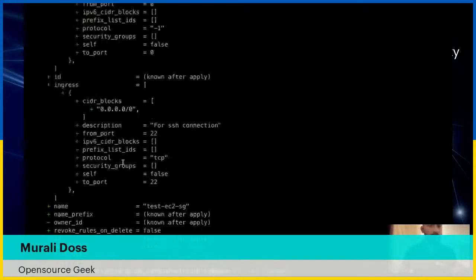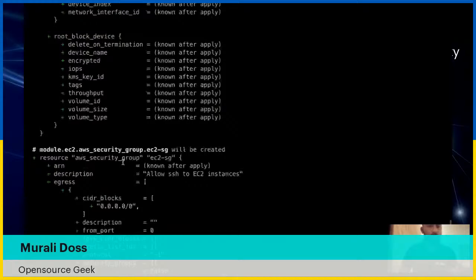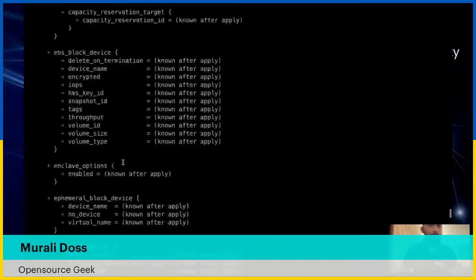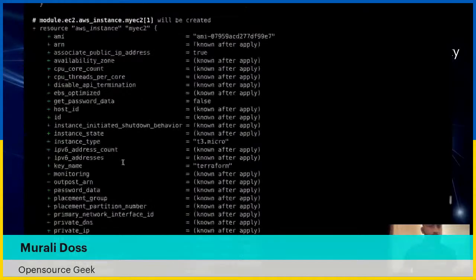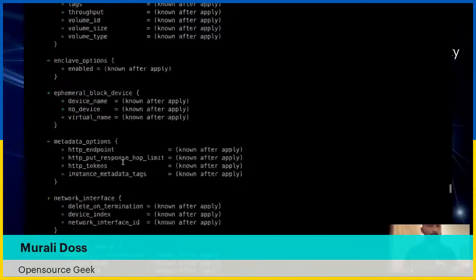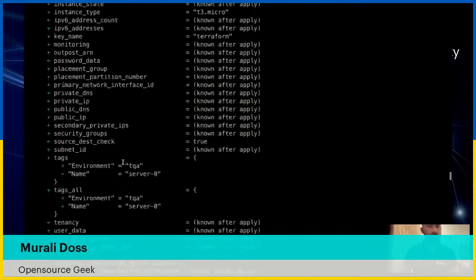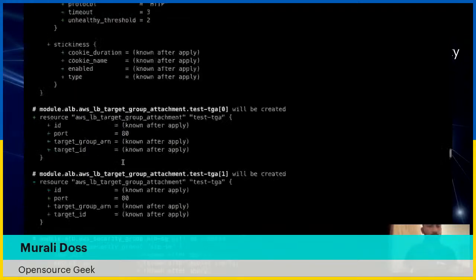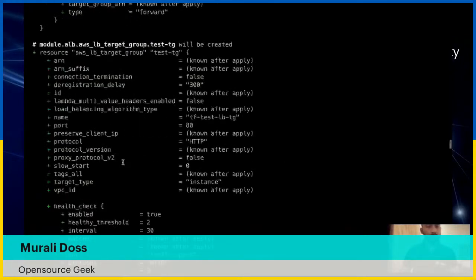This is the EC2 security configuration. This is the first EC2 instance, and this is the second EC2 instance. This is the load balancer target group, and this is the load balancer listener.